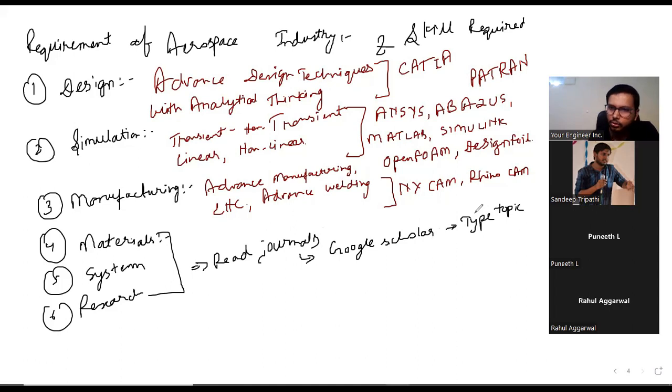If reading is your habit, then only you can get to know about the topic. Otherwise, not. You can't rely on YouTube videos, and it's not easy for the person who knows that skill to make such videos, because without illustration it's very tough to make people understand, even the smallest thing. But if you read and visualize, then by yourself you can understand very well. Okay, so read journals, Google Scholar, type the topic.